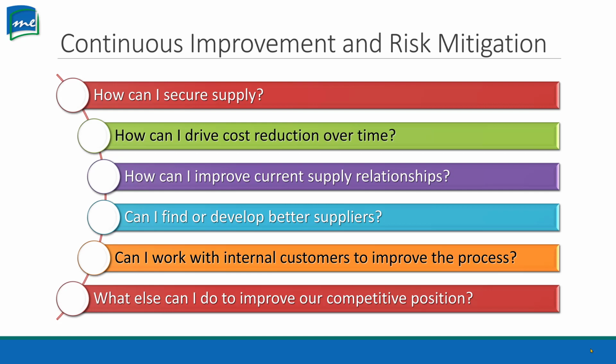So, how can you improve your current supply relationships? Think about that. Talk to your suppliers, get to know them, so that when you have a problem and you call them, they're more than willing to help you, because you've developed that relationship. You know the name of their wife, their husband, their kids, their dog, that their kid has just graduated high school or college.